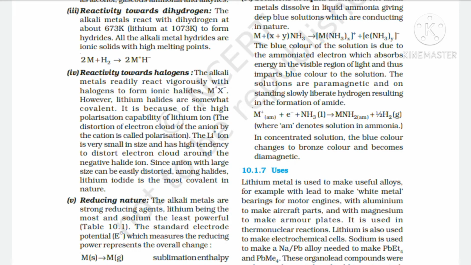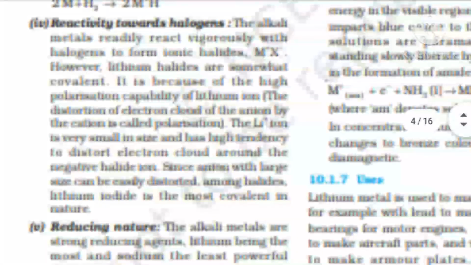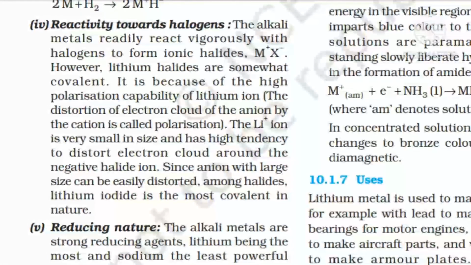Reactivity towards halogens. The alkali metals readily react vigorously with halogens to form ionic halides, M positive, X negative. However, lithium halides are somewhat covalent. It is because of the high polarization capability of the lithium ion.